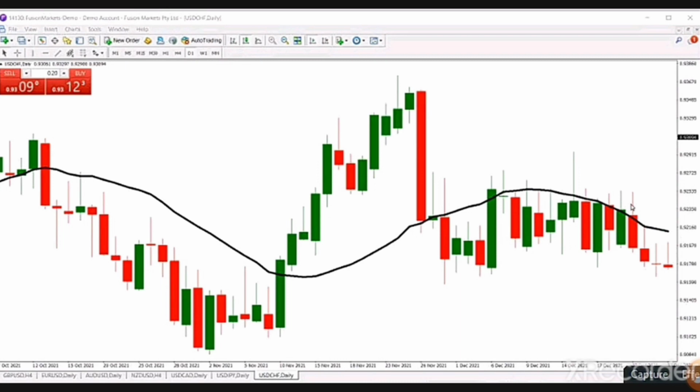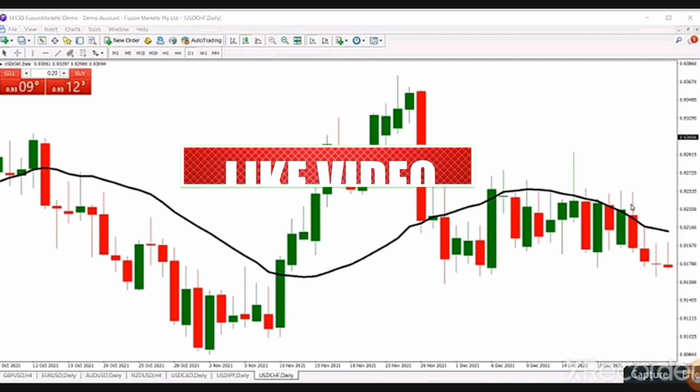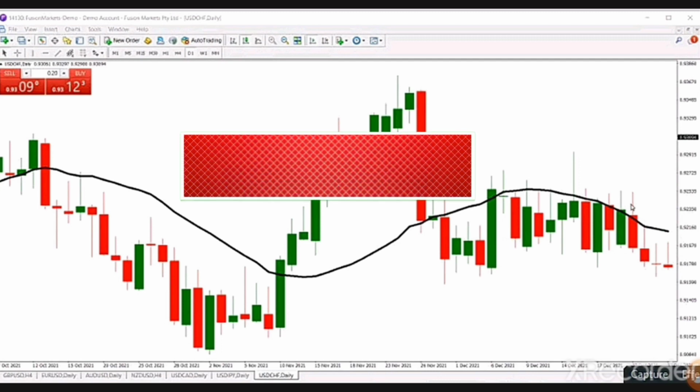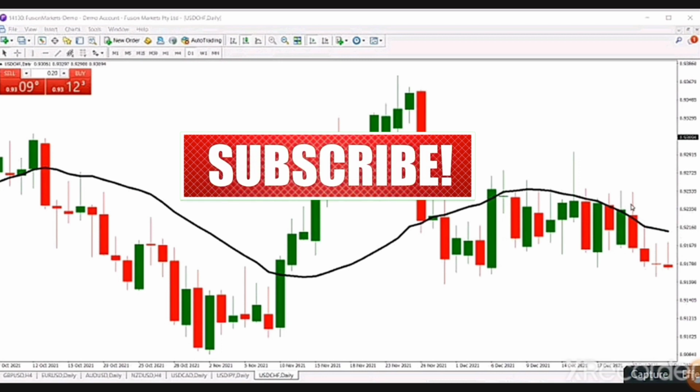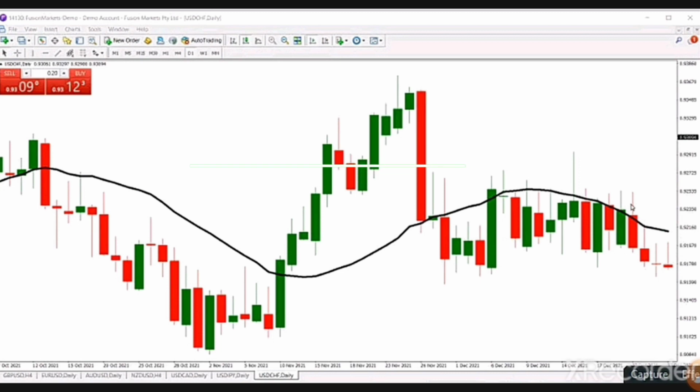SMA is not an indicator to determine your entry point. SMA is only to determine the trend, either bearish or bullish. That is the purpose of the SMA.